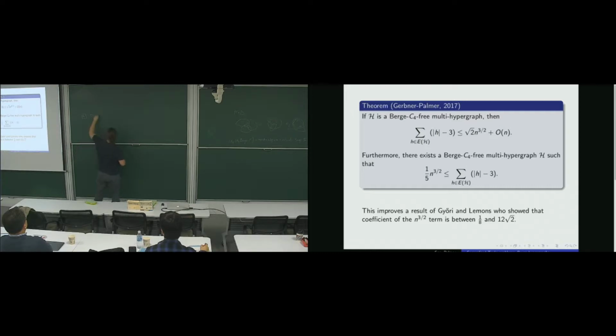Try to embed a large matching into each hyperedge of H. Okay, so take H to be a Berge C4 free hypergraph, and to each hyperedge, I want to try and embed a large matching with the same conditions as before.